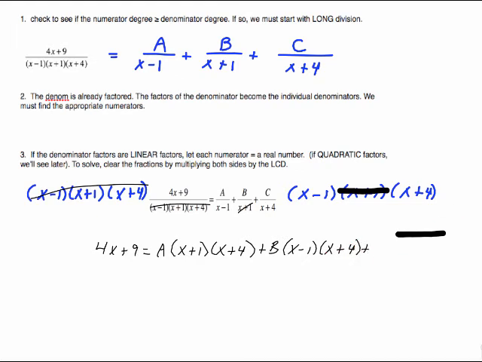And then the third one, I see I have an x plus 4 is going to cancel with that x plus 4, so x plus 4 is gone, and this is C times x minus 1 times x plus 1. It looks pretty ugly, but it's not bad because we are not going to FOIL, we are not going to distribute. We are going to do the same thing we did on the last problem, and that is we're going to substitute in some values for x and get some values for A, B, and C.